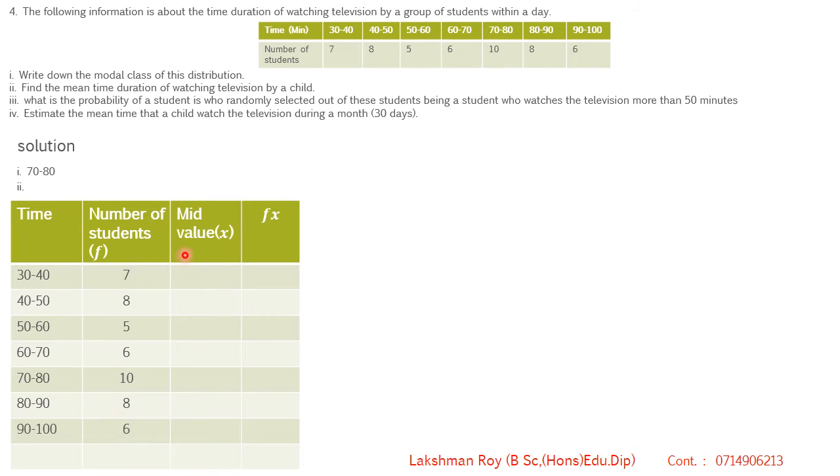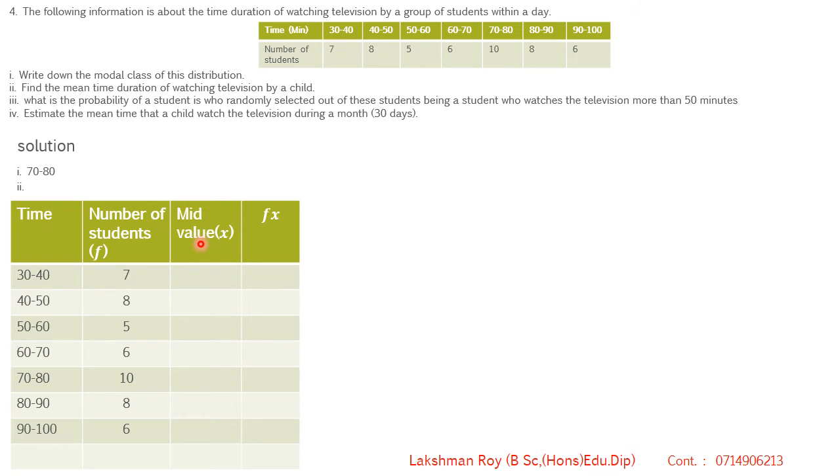Now you have to fill in another 2 columns. What are those 2 columns? One column is the mean value, and the second column is the fx column. The f column is the frequency column, here the number of students, and the mean value is called the x column. Then you have to take the product of these 2 columns.